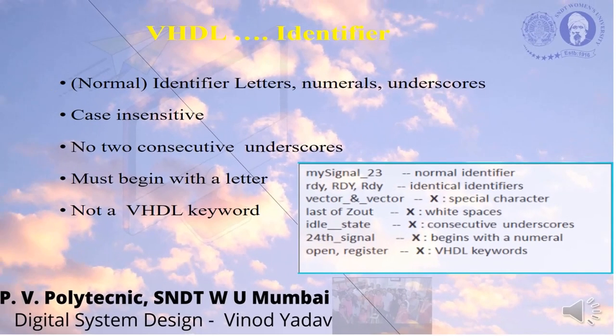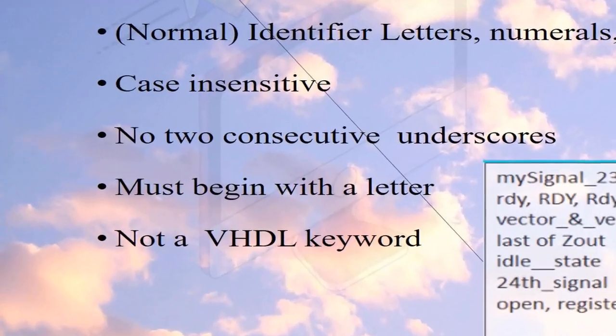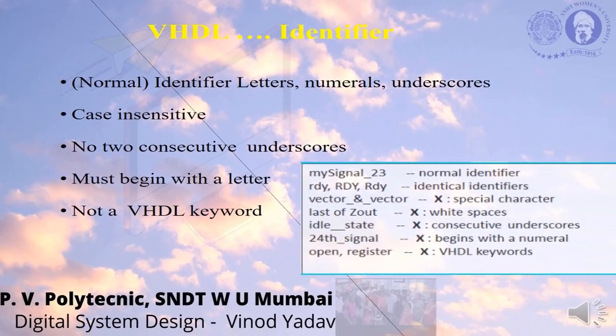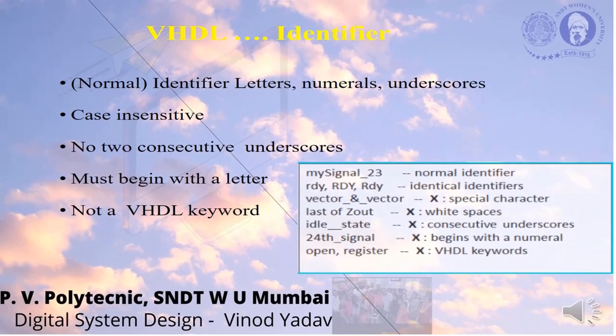Numericals and underscores are allowed. It is case insensitive. No two consecutive underscores are allowed. It must begin with a letter and not be a VHDL keyword. These are the important things which we should remember whenever we are giving any kind of user defined identifier.